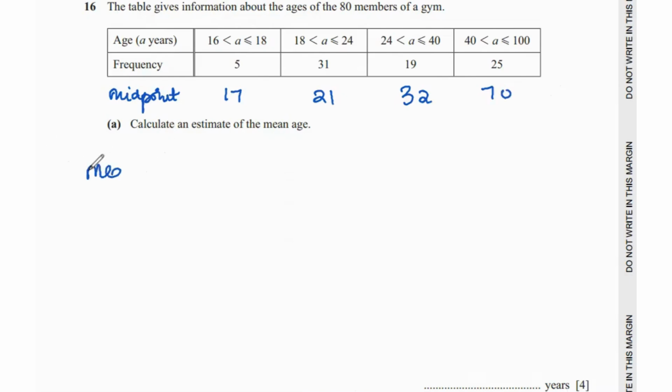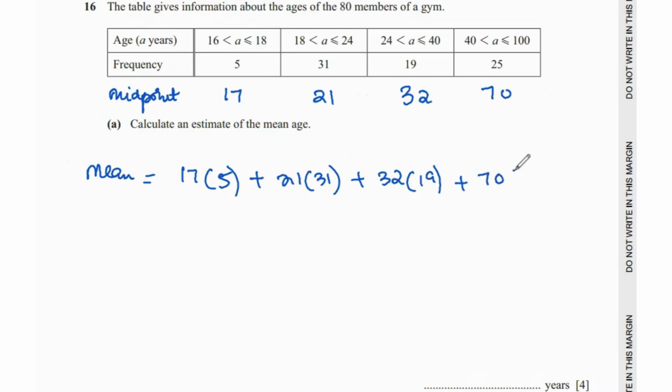For the mean value, you multiply your midpoint by the frequency and then add it to the next one. So 17 times 5 plus 21 times 31 plus 32 times 19 plus 70 times 25. And this will be divided by the total frequency, which is 80.